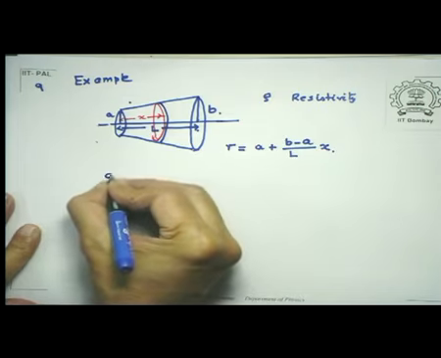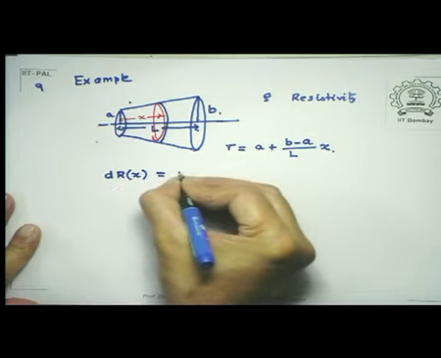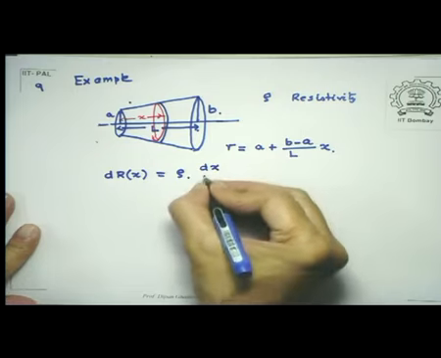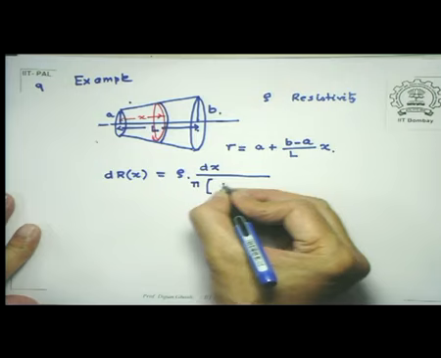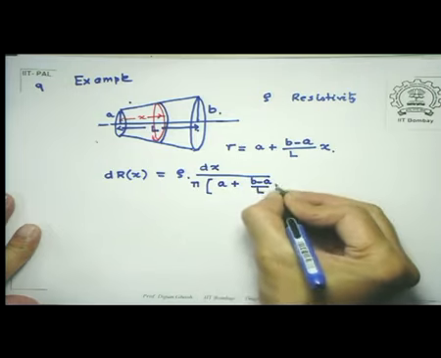So my resistance of that section, dr at x, will be given by rho times the length, which is of course dx, divided by cross sectional area, which is pi into this radius squared, which is (a plus (b minus a) by L times x) whole square.